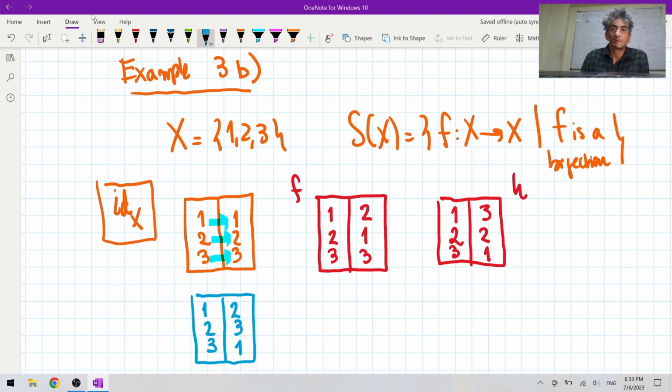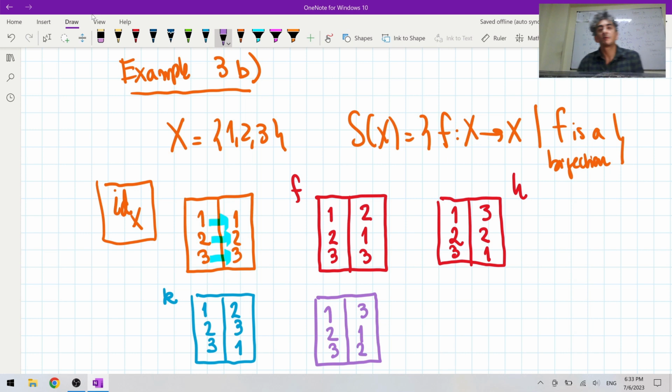Let's call it K, and let's go and draw another one. We're closer to the end. 1 goes to 3, then 2 goes to 1, and 3 goes to 2. Let's call this one L, and let's go for the last one.